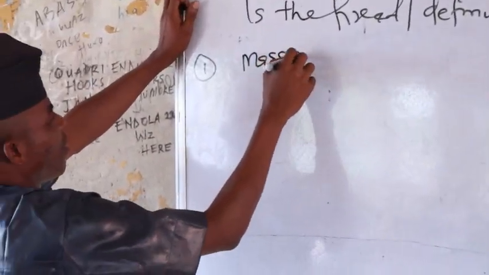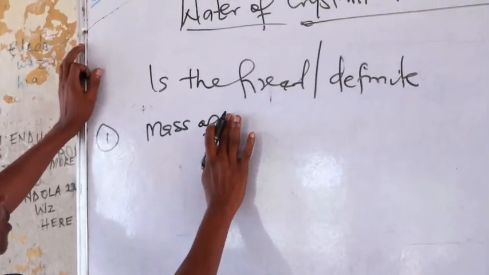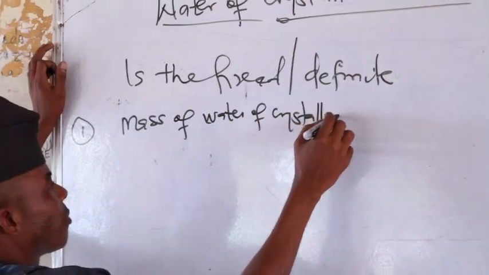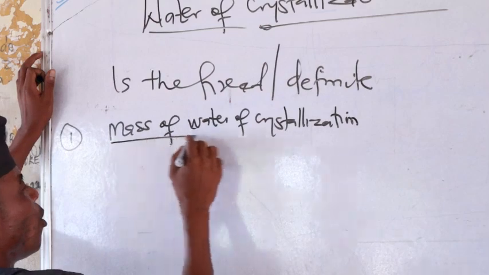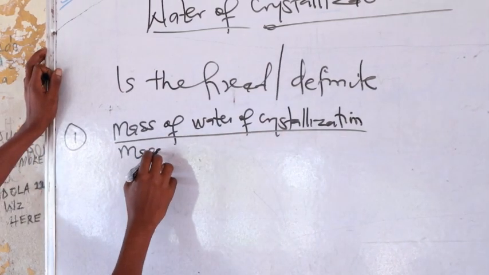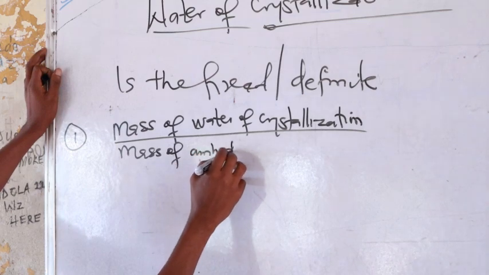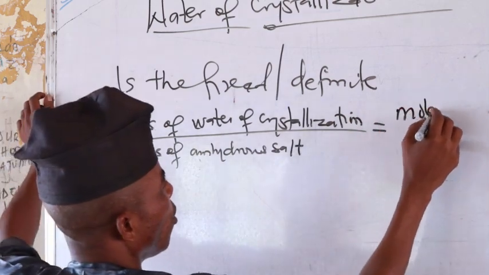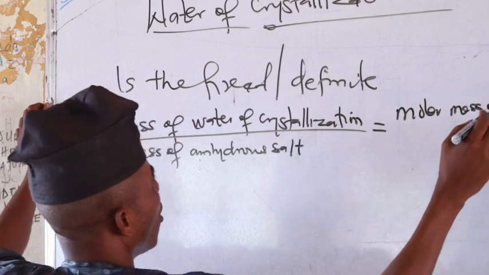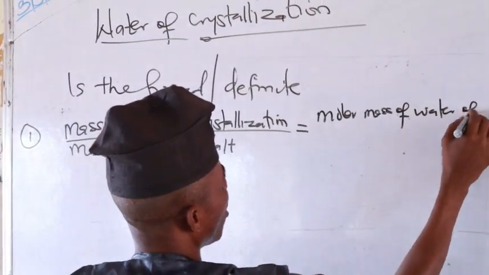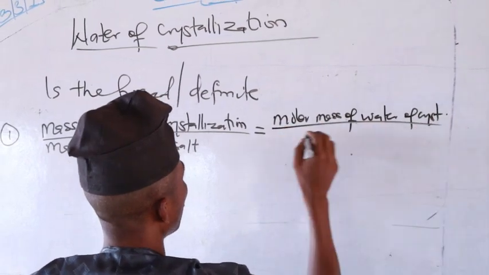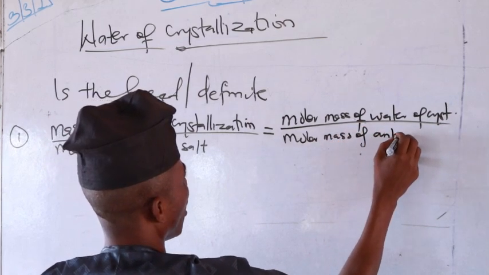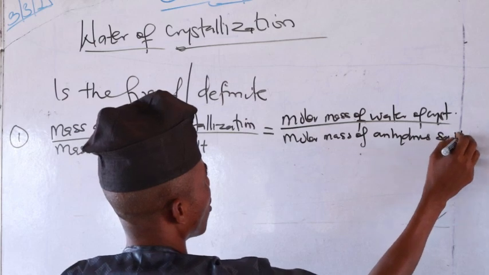We can find mass of water of crystallization over mass of anhydrous salt is equal to molar mass of water of crystallization over molar mass of anhydrous salt.